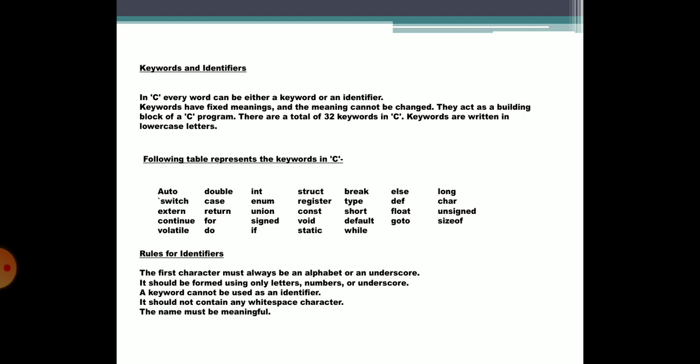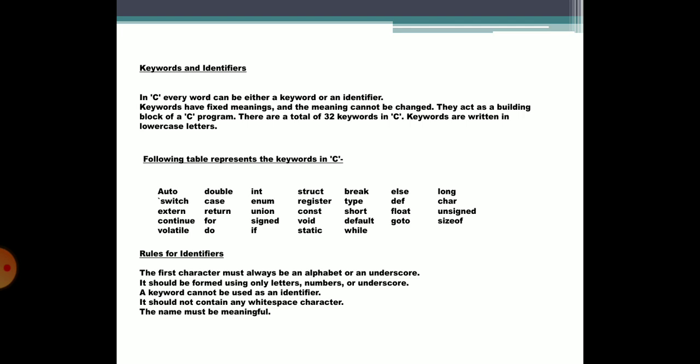And it cannot use a keyword. As we said earlier, keywords have a particular meaning and are always used for a particular purpose. We cannot change the meaning of a keyword, so a keyword cannot be used as an identifier.